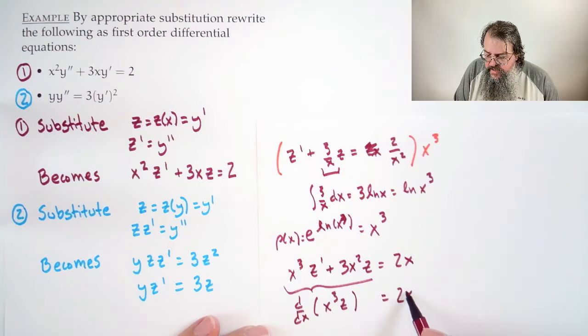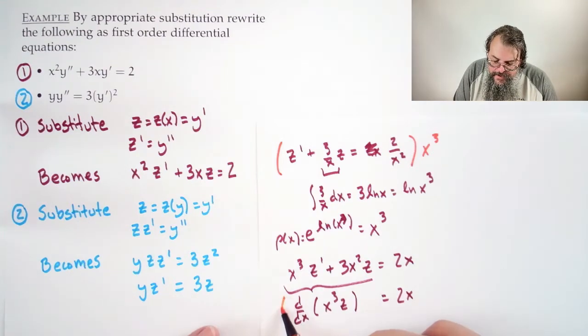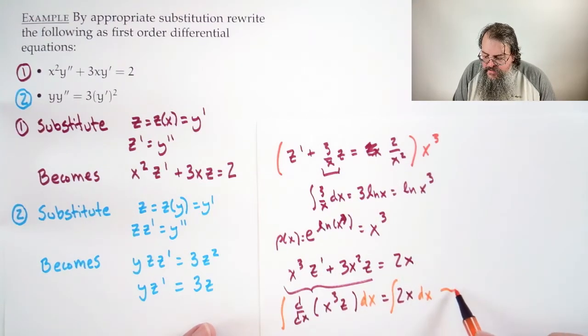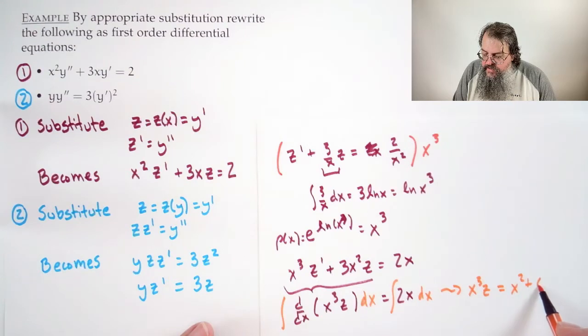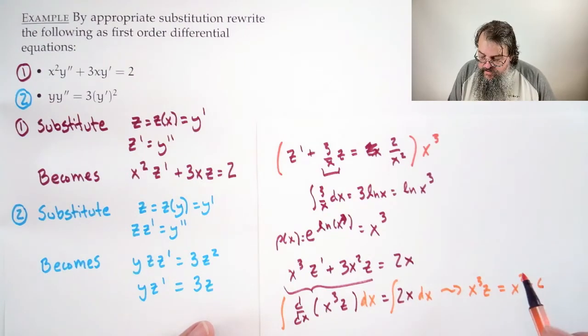And the right-hand side actually looks pretty appealing to us because we are anticipating that we're going to have to integrate, and it's one of our more favorite ones to integrate. Because we see we get x cubed times z is equal to the integral of 2x, which is x squared plus c. And so divide through by x cubed.